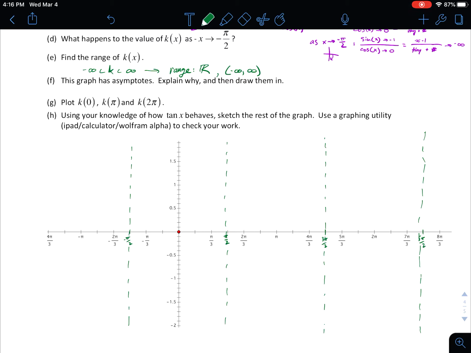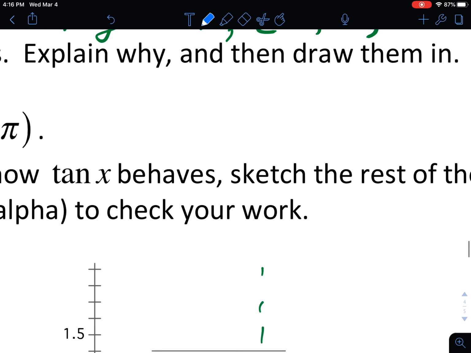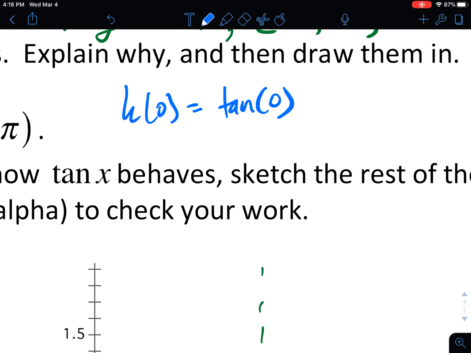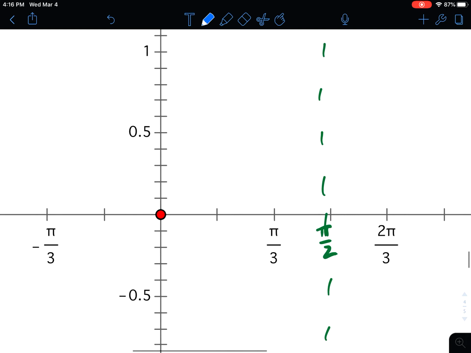Plot k of 0, k of pi, and k of 2 pi. Let's do this one in a nice blue. So k of 0 will be the tangent of 0, and that one is sine 0 over cosine 0, y over x, which we saw earlier was 0.